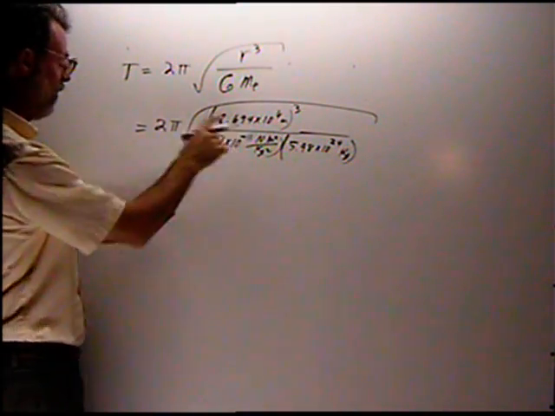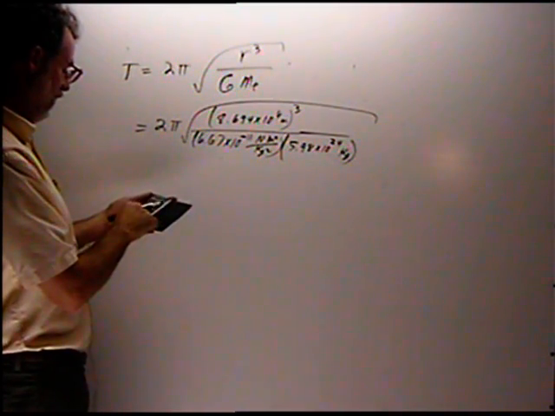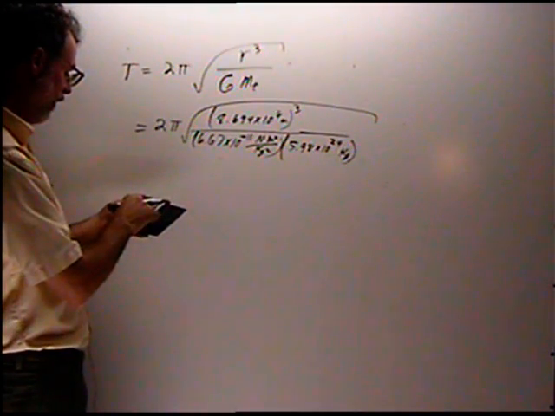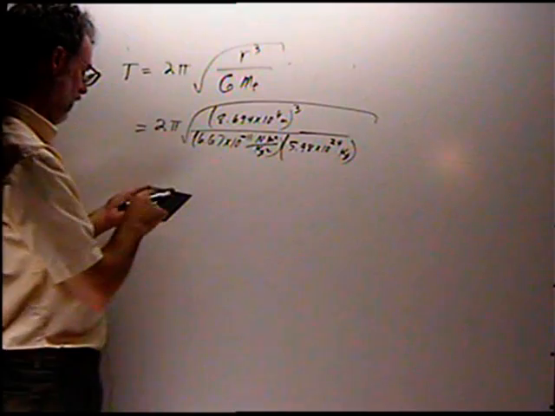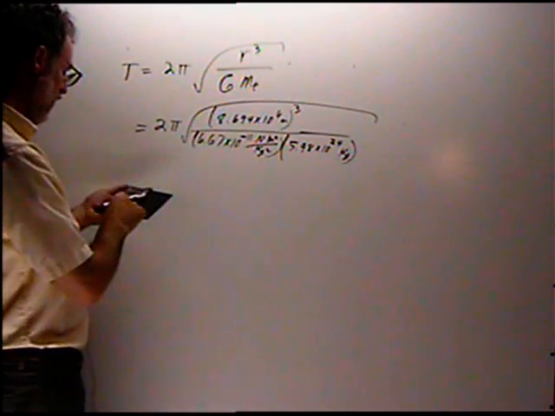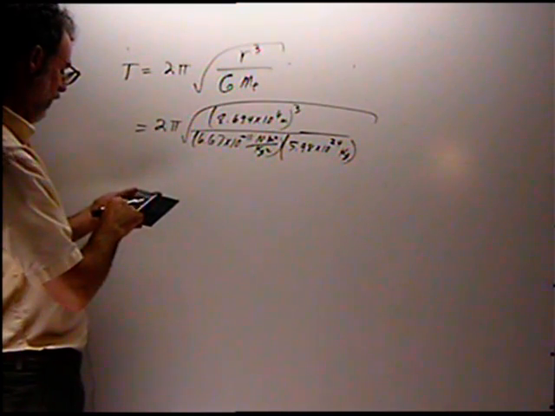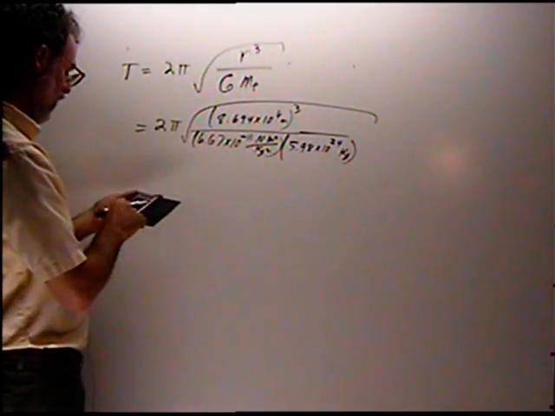Okay, so we'll take the radius first, 8.694 e to the 6th. I'm going to cube that, divided by G, 6.67, and then I divide that by the mass of the Earth.